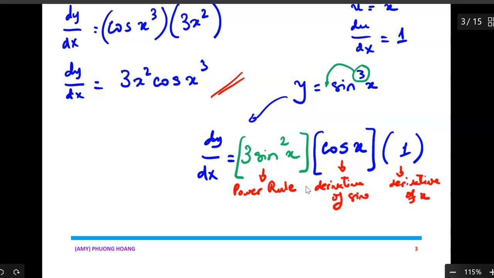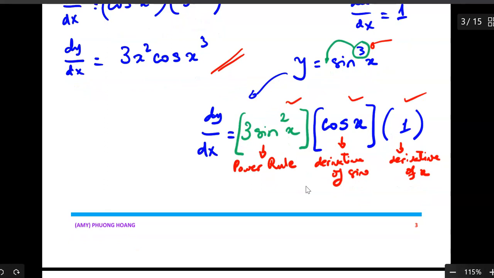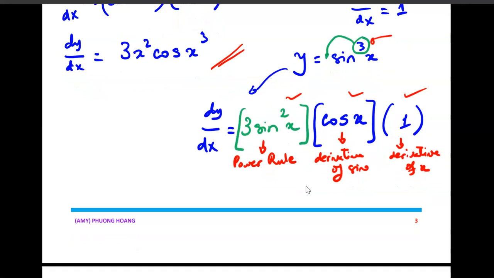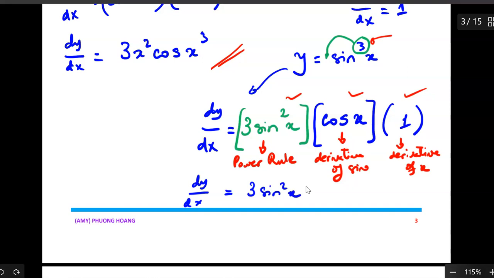Okay, so when it comes to a trig function raised to a power, remember we have to apply these 3 steps. So in the end, you see dy over dx will be equal to 3 sine square of x, and then multiply by cos of x.